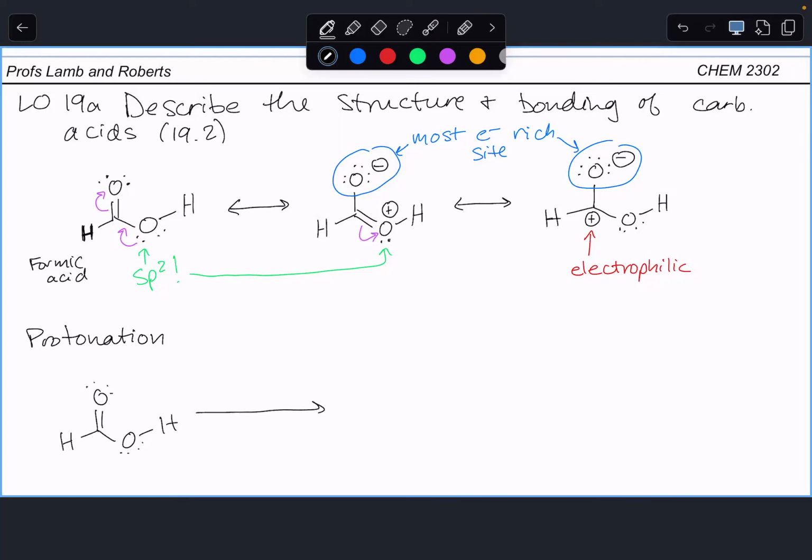So if we now add a strong acid, so let's say H2SO4, like this, it's going to protonate the carbonyl oxygen because that's with the most electron density. So we're going to push from our oxygen lone pair, and then this pi bond is going to break, and then that carbonyl is going to grab the proton.